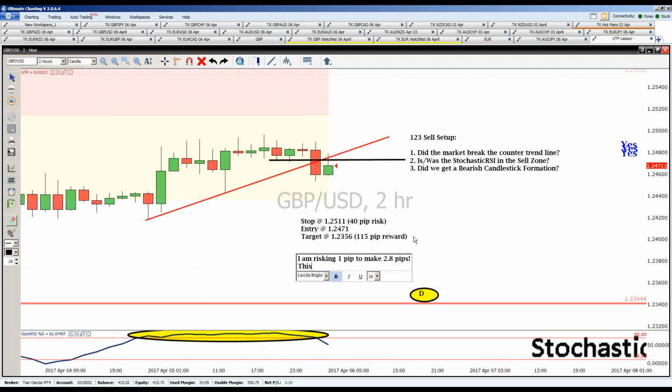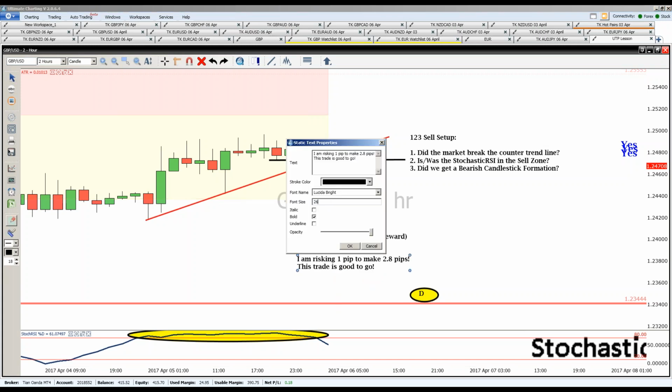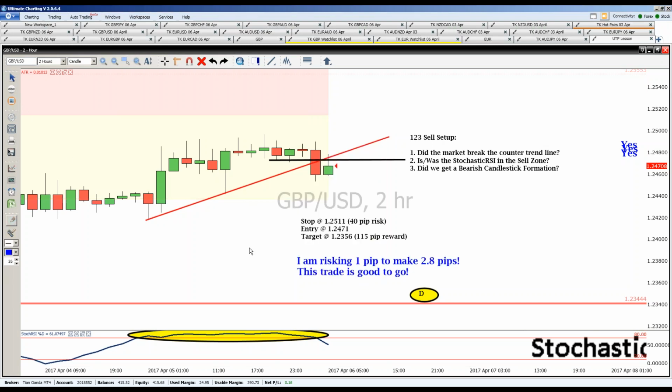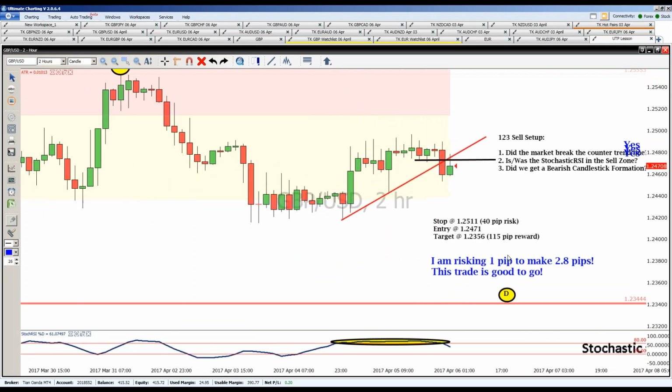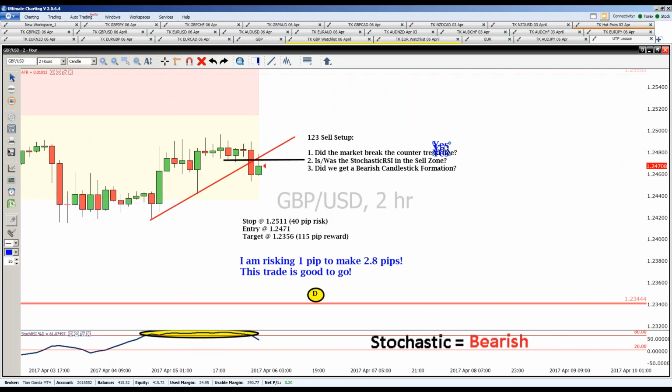This trade is good to go. It fits within my risk reward. It's so close to a 3-to-1, I still take it. And this is strategy number 6 in a nutshell.